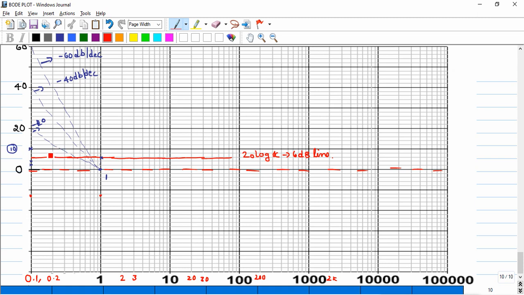If you use that ruler scale, it will be better. So what you do is take a parallel to this particular line. Let me draw.